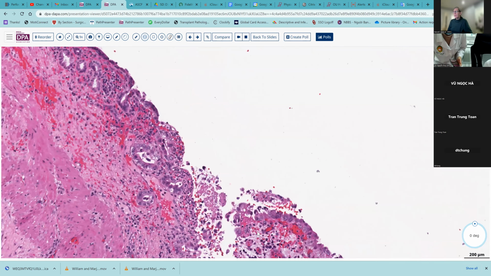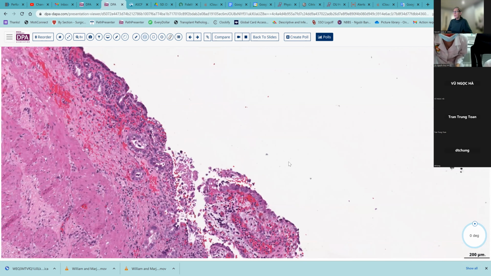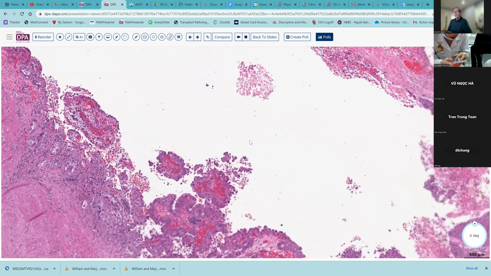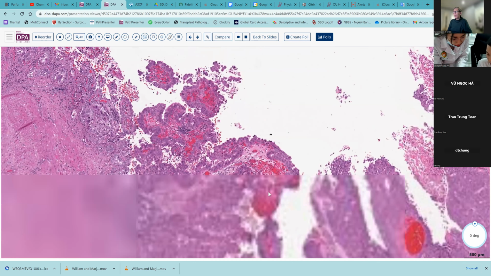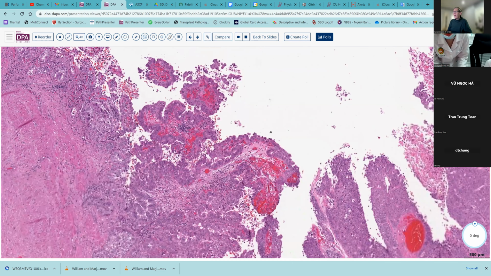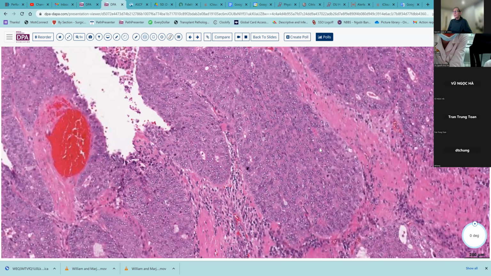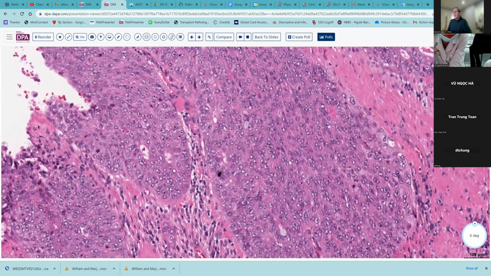Then as we come to the center of the lesion, the invasive lesion, we see more of this glandular component. And then look at this, it becomes much more solid. Here we get virtually solid sheets of undifferentiated cells.